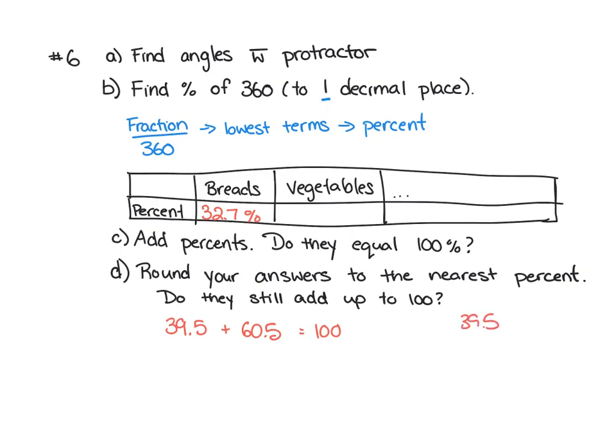I can double check that here by lining them up. Yep, my decimal lines up, so that equals 100. But if I rounded each of them, right, so the 5 would make this round up to 40, and the 5 would make this round up to 61, that would actually equal 101. Because when we're rounding, we're actually adding a half to each of these, which means the whole answer goes up. So you might find that when you round to the nearest whole number, it's no longer adding up to 100%.